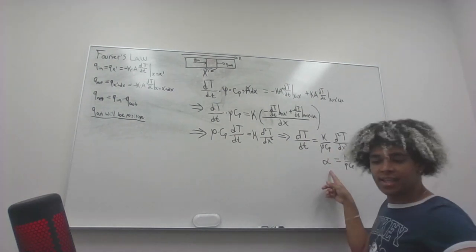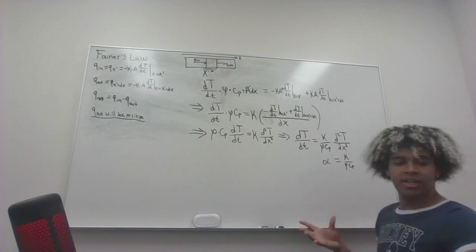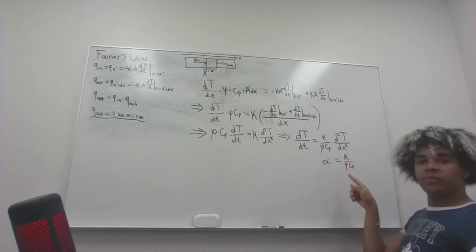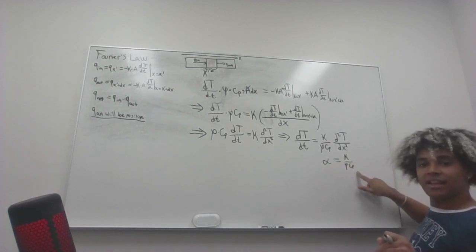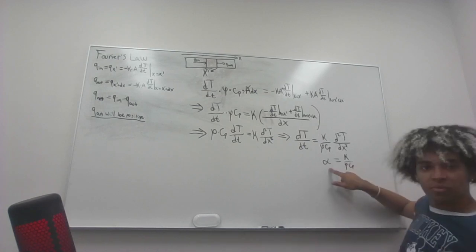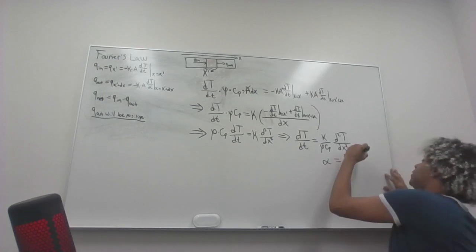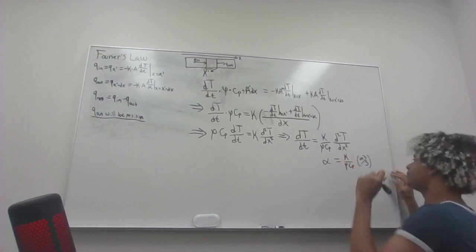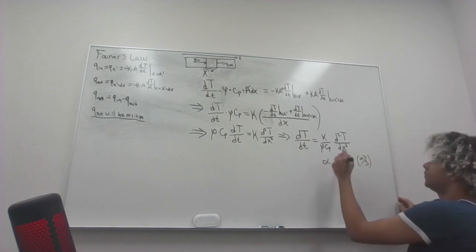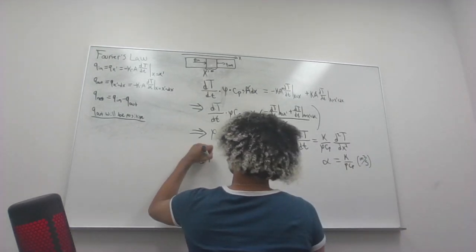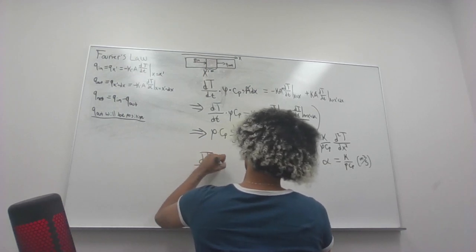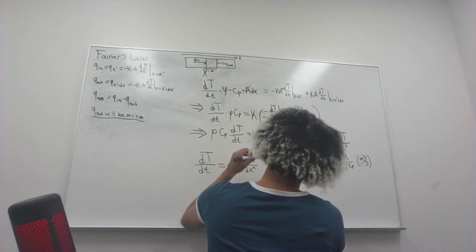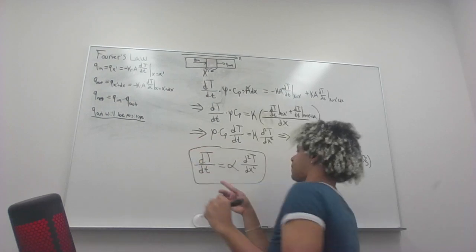This gets us the time-dependent heat diffusion equation with a constant thermal diffusivity, because K is constant, density is constant, and specific heat is constant as well. And thermal diffusivity's units are meters squared per second. So let me rewrite this down here. There we go.